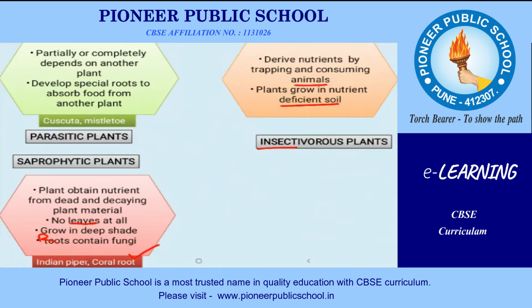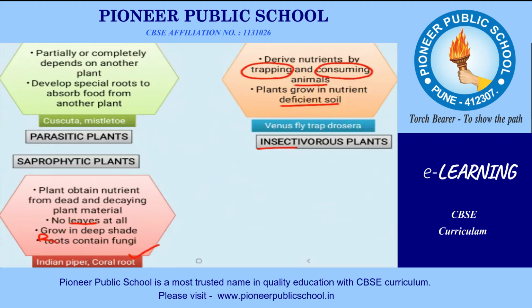So dear students, these insectivorous plants have developed certain structures on their body with which they can trap and consume these animals. So dear students, the plants which trap and consume other animals like insects are called insectivorous plants. Examples of these insectivorous plants are Venus flytrap and Drosera.